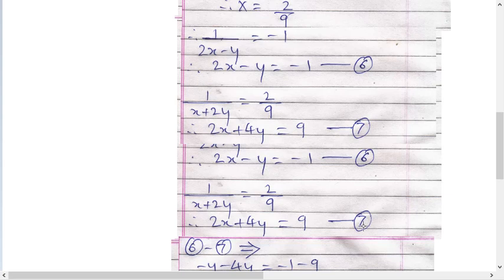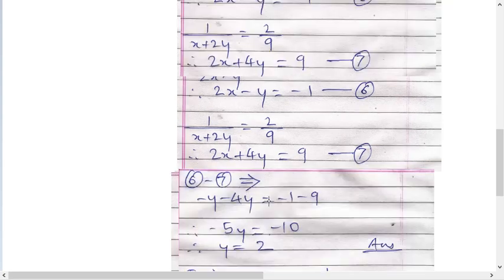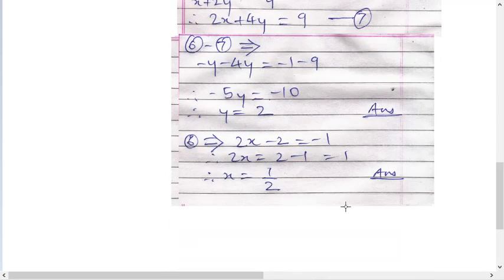Now 6 and 7 are easy. 2x minus y and 2x plus 4y. So perform 6 minus 7, x will go. So what happens? Minus y minus 4y equals minus 1 minus 9, that is minus 10. So minus 5y equals minus 10, y equals 2. Put this in 6, you get 2x minus 2 equals minus 1.